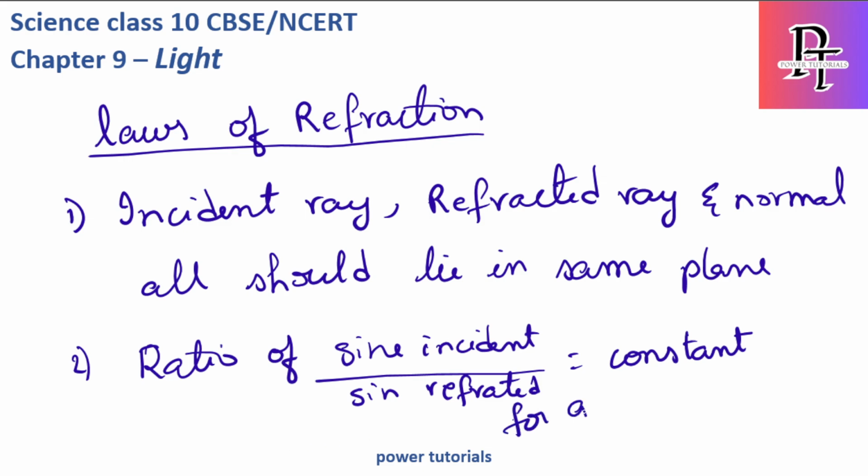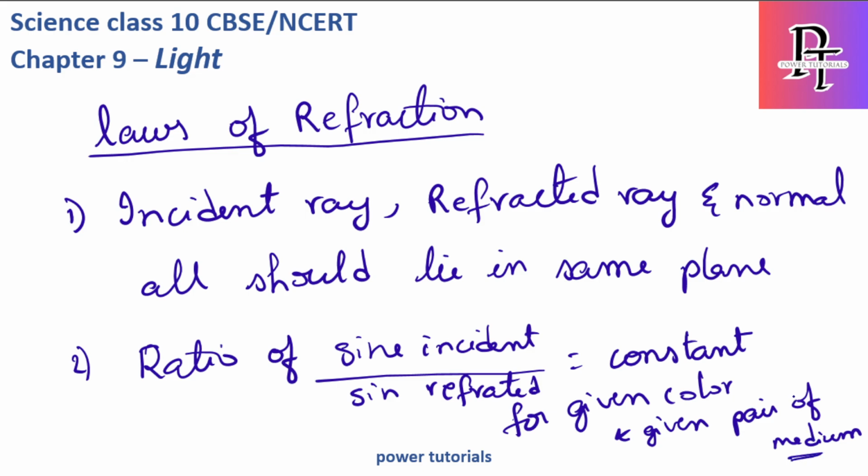For a given color and a given pair of medium. Why are we talking about a pair of medium? Because for refraction there should be at least two mediums; how light changes when it travels from one medium to another is nothing but refraction.